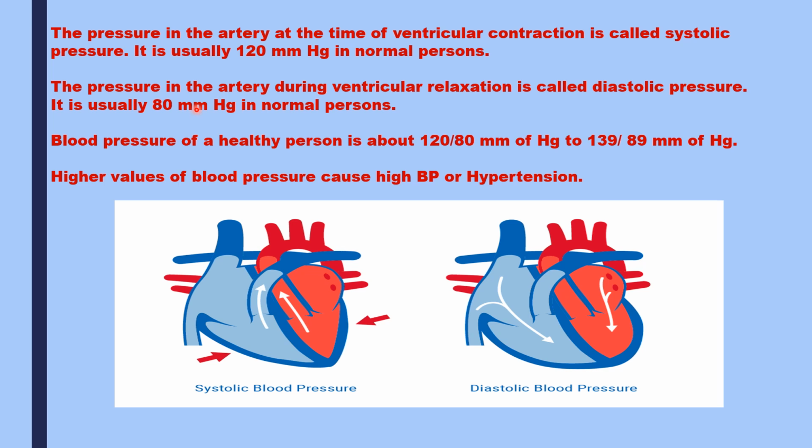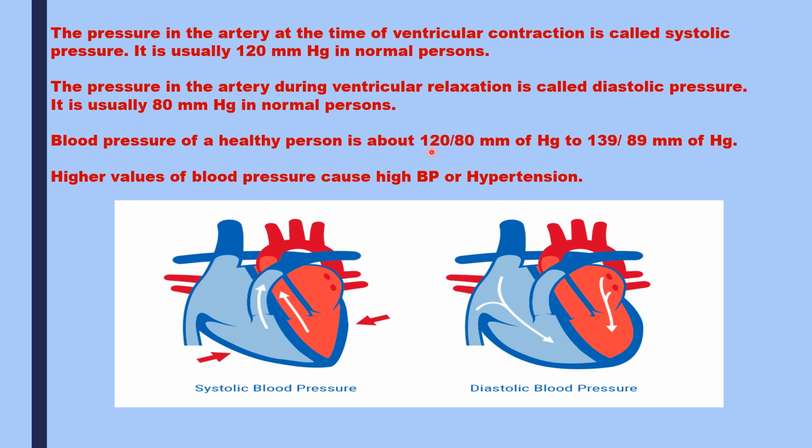The blood pressure of a healthy person ranges from 120 over 80 mm Hg to 139 over 89 mm of Hg. That means the high blood pressure can be in the range of 120 to 139 and the low blood pressure can be in the range of 80 to 89.